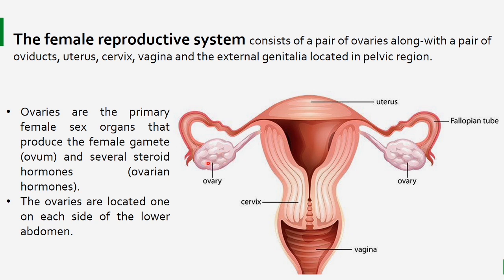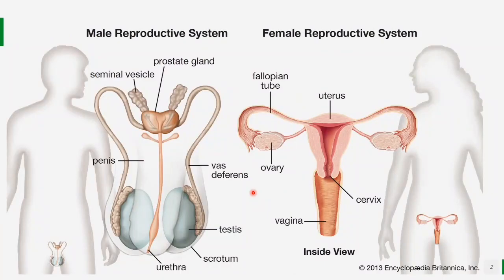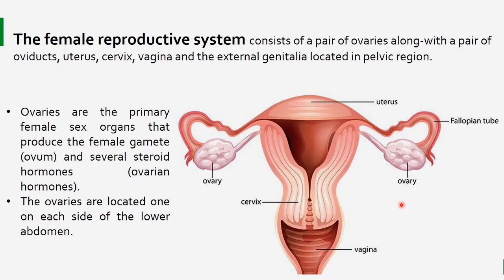These are the organs which produce female gametes, that is ovum, and also some steroid hormones, also known as ovarian hormones. The ovaries are located one on each side of the lower abdomen. There are two ovaries in the pelvic region.